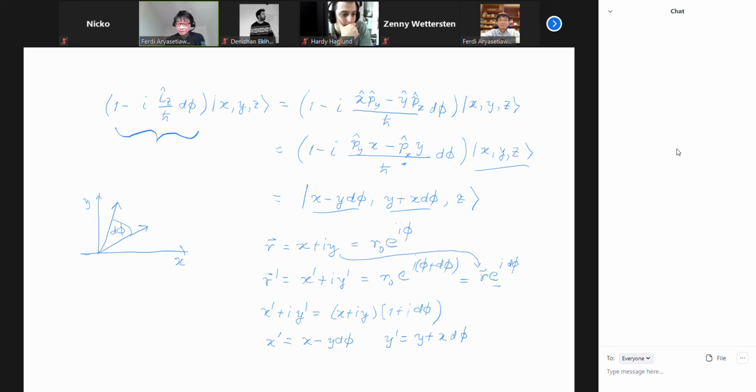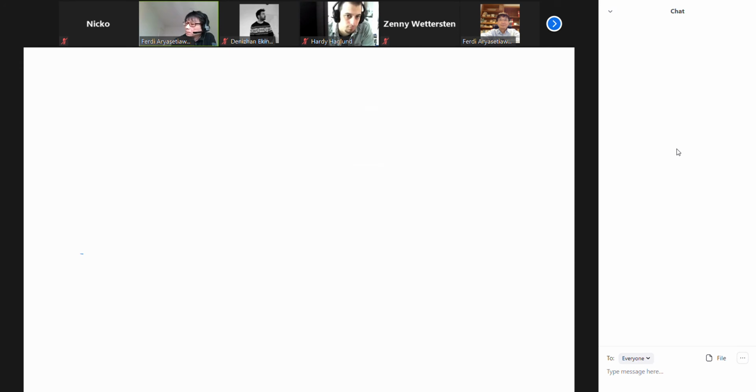Okay, so let's continue with this angular momentum thing. Yes, so we've just shown that this operator corresponds to rotation.